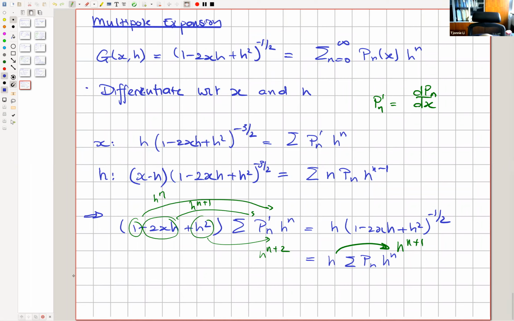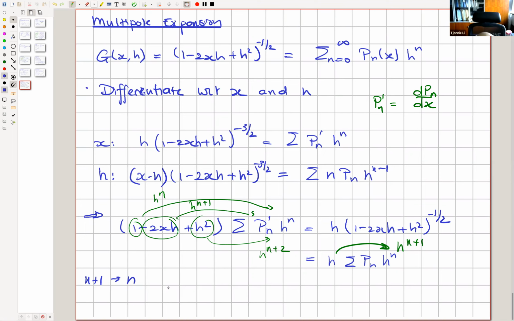I'm going to relabel n plus 1 to n. It doesn't matter. These are still just integers, and I'm just going to shift all the equation by subtracting 1. So this term over here becomes n minus 1, this term here becomes n, and this is n minus 1.